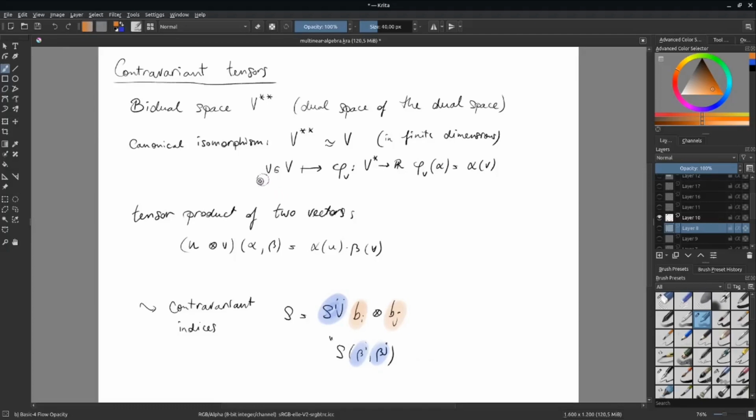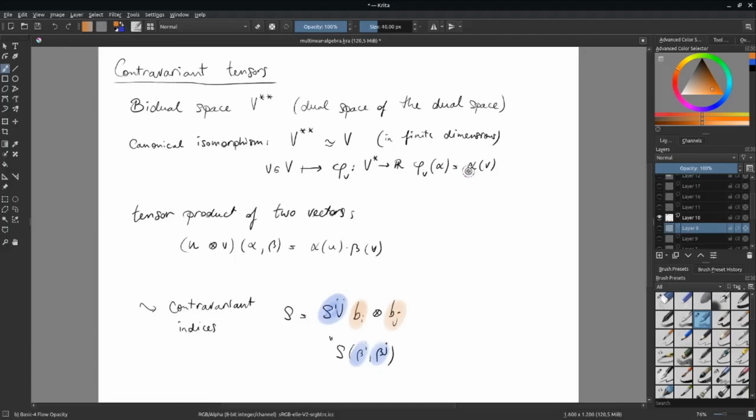Okay, so the canonical isomorphism between the space and its bidual: I can take my vector v and map it to some element of V star star, which takes my dual element alpha and simply applies alpha to v, and that's a linear map on my dual space.